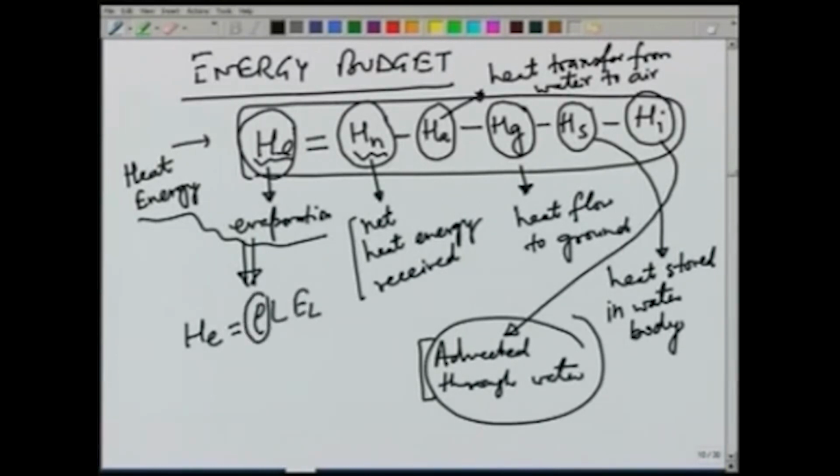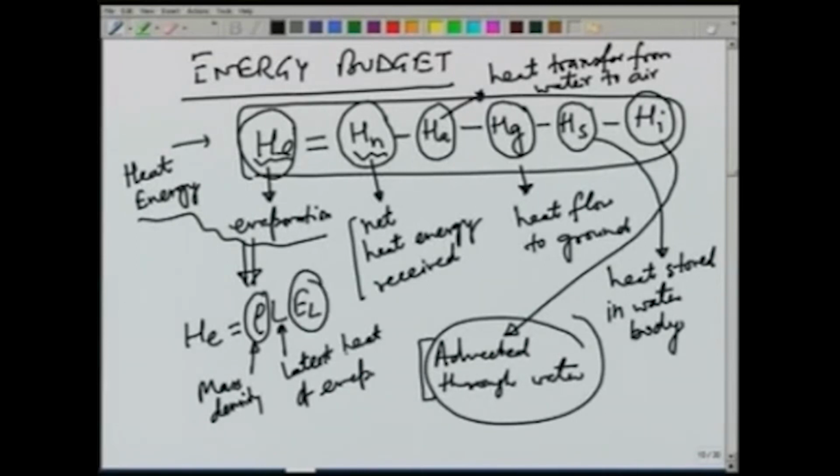So if we know the mass density of water, which is typically known, the latent heat of evaporation, and this is the lake evaporation as we have discussed. So if we know the heat energy used for evaporation, knowing the mass density and the latent heat, we can find out the lake evaporation. So let us look at some other terms and see how we can obtain them. So let us rewrite the equation.